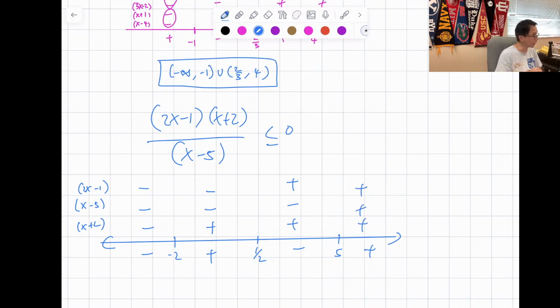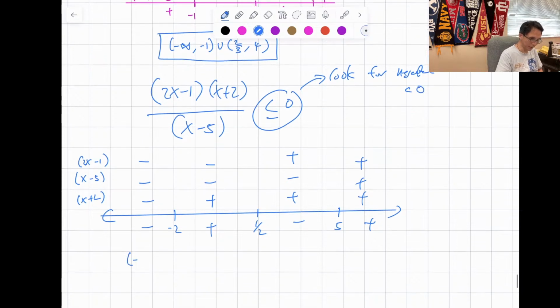So the answer is where? We're looking for the negative region, which is less than 0. So it's going to be negative infinity to -2. Is that including -2? Yes.